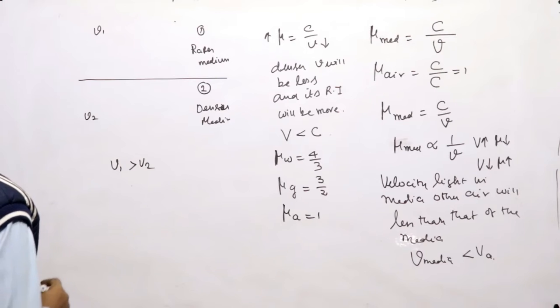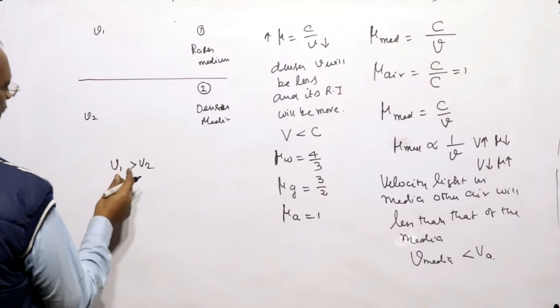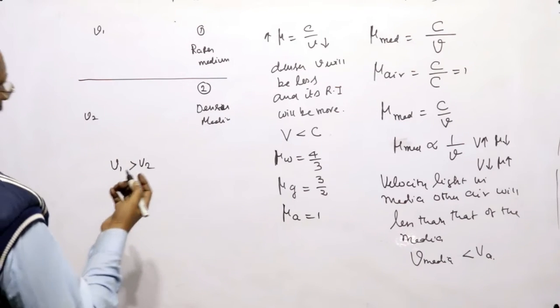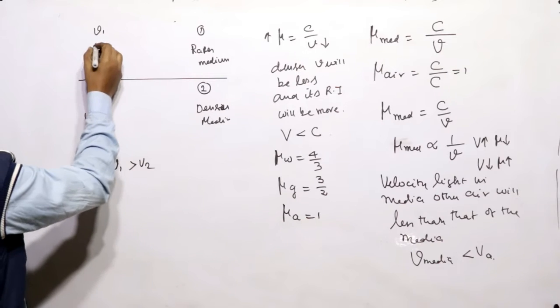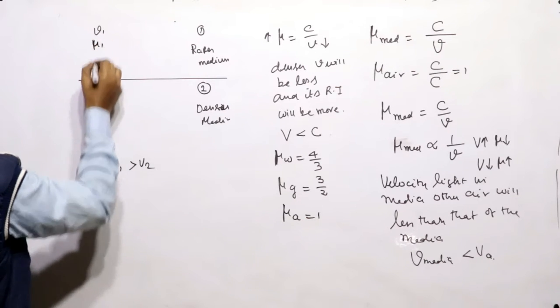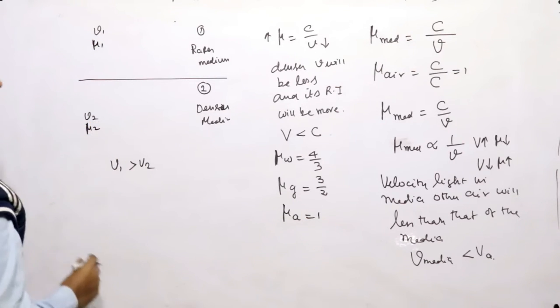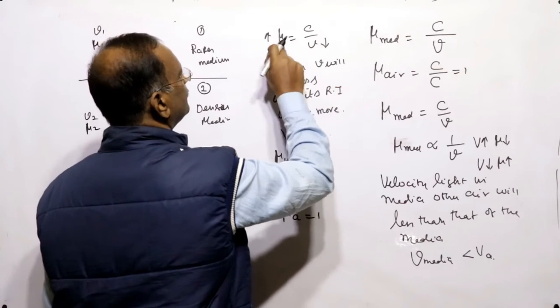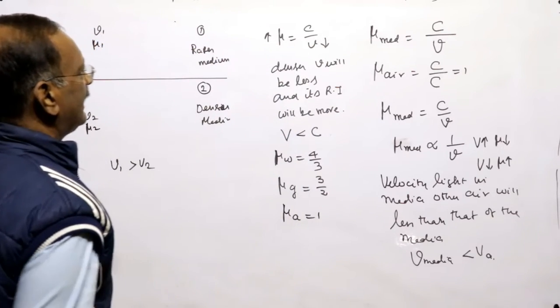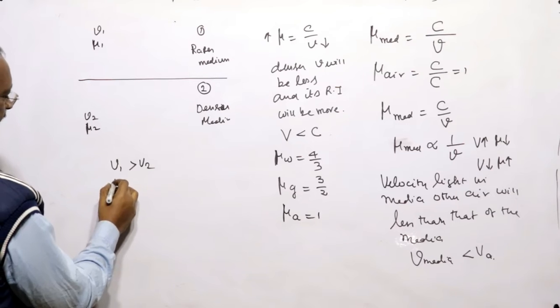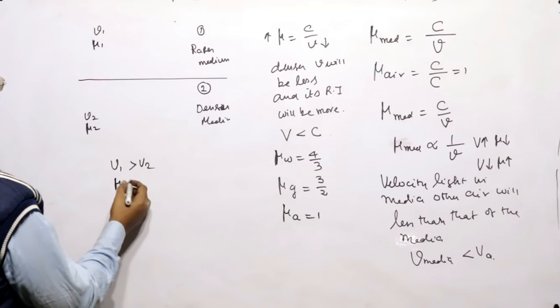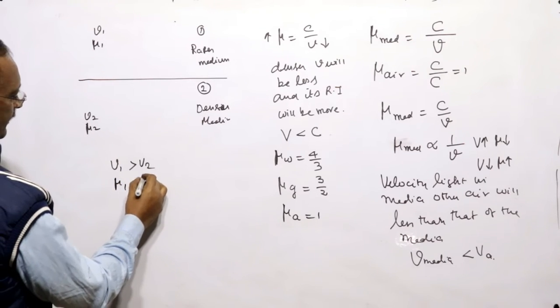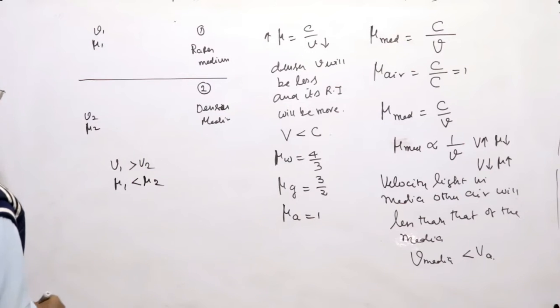Since V1 is greater than V2, the refractive index of medium 1 and the refractive index of medium 2 compare as follows: since the velocity is less, the refractive index is more. It means the refractive index of medium 1 is less than the refractive index of medium 2.